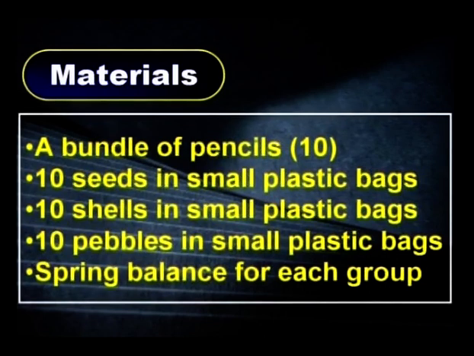Bundle of pencils, 10 should be okay. 10 seeds in a small plastic bag that you use for popcorn would be a fair size, or a small bag that you can sew. 10 shells, also small bags. 10 pebbles, and a spring balance for each group you have.